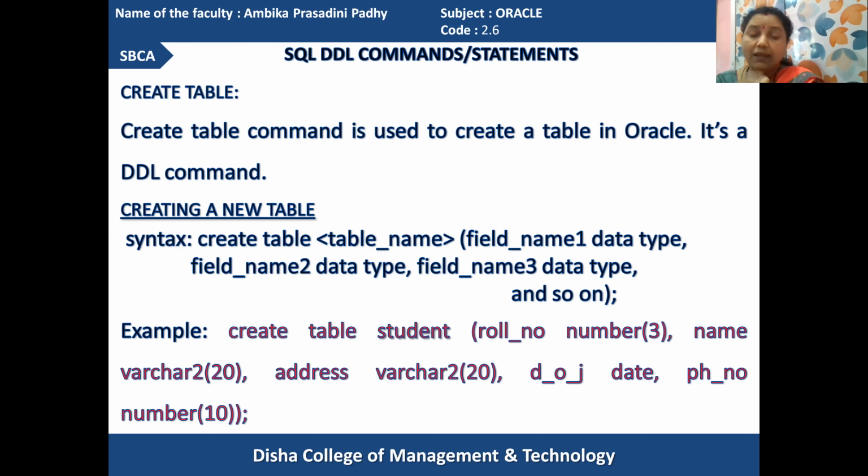Look at it. As per the syntax, you have to mention the table name first. Then you have to write the first field name. The field names should be ordered in such a manner that they will be contained in the database table in the same manner. Got it? You have to remember that. The field names should be ordered properly so that the data stored inside can be easily understood when it is retrieved.